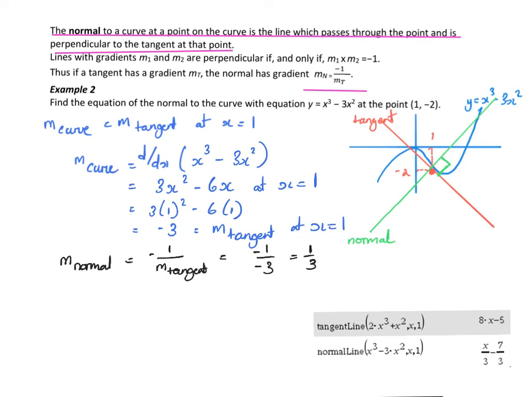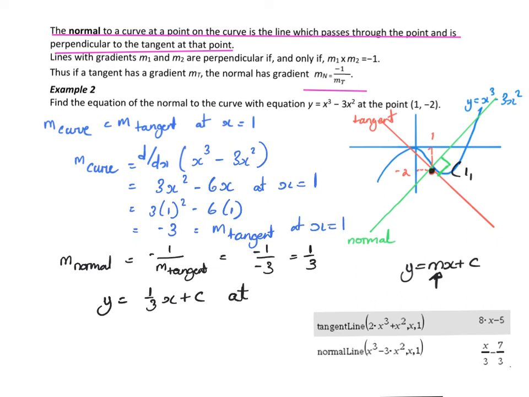And so therefore, because we know the normal is a straight line and takes the form y equals mx plus c, we already have the gradient of the normal. So y is equal to 1/3 x plus c. Now, what's the point that the normal goes through?